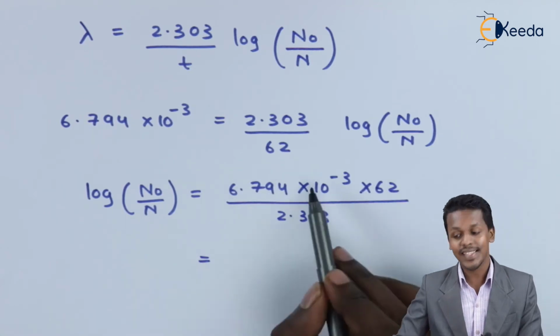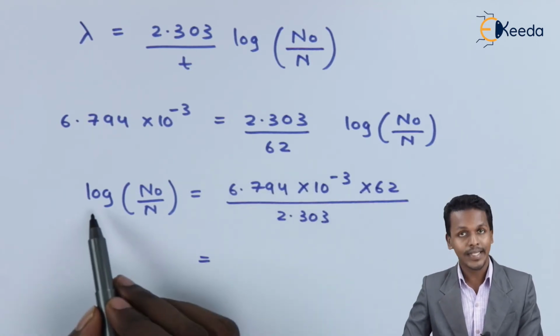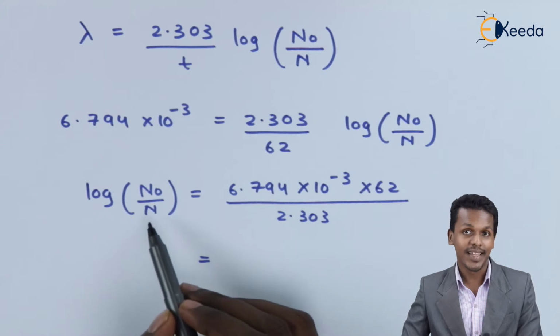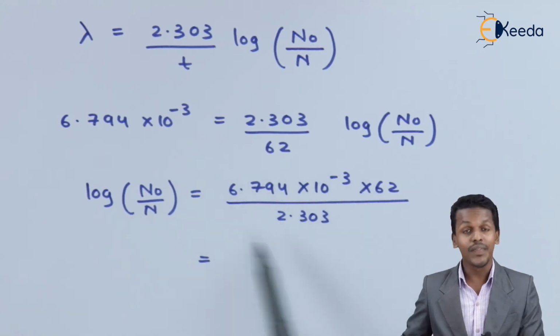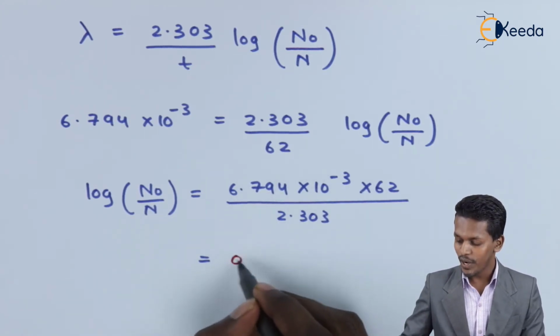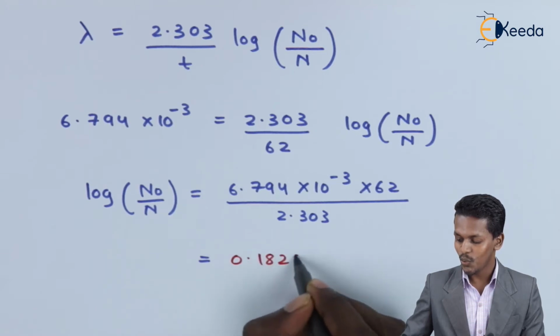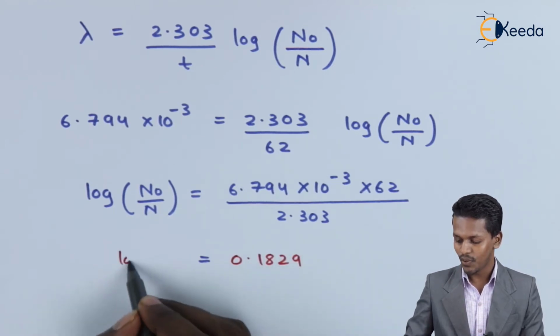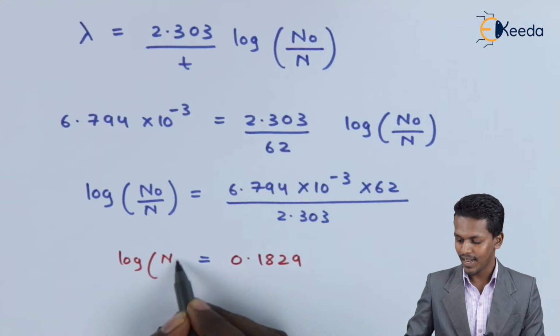Let's calculate this, and we get 0.1829 for log N naught upon N.